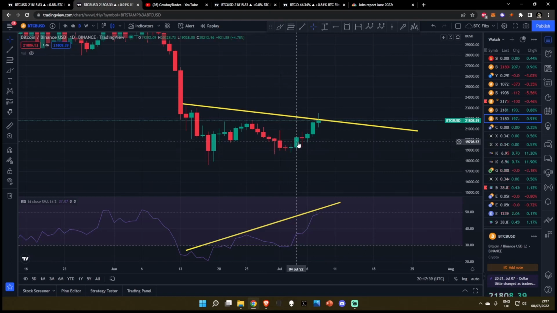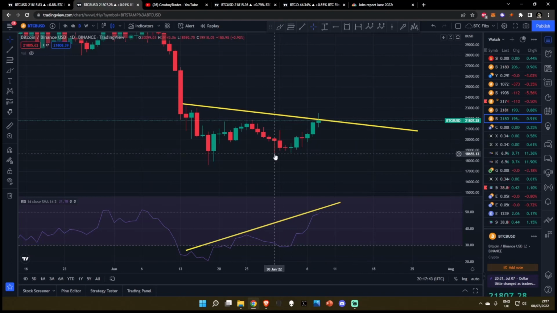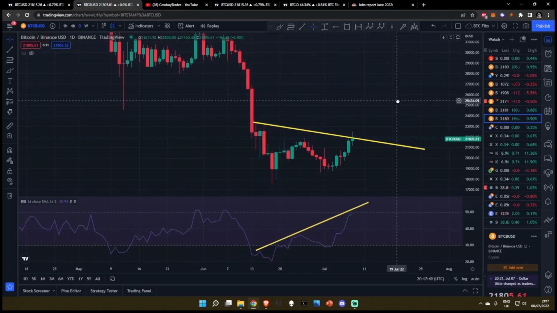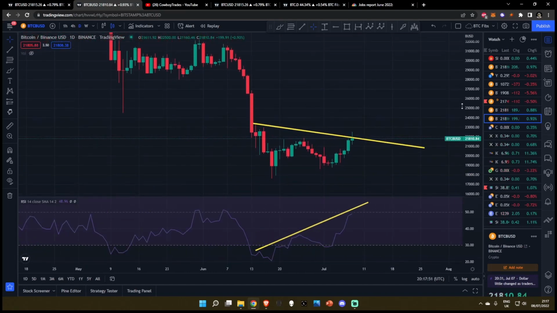1, 2, 3, 4, 5, 6, 7, 8, 9 days we've been moving to the upside, from 18,600 all the way up to 22,500. Moon boys over on crypto Twitter are getting out of bed for the move up to 22,500. Now, it's funny because if 1 to 2 months ago you said we would be bouncing up to 22,500 and you would be bullish, you would have been clowned.